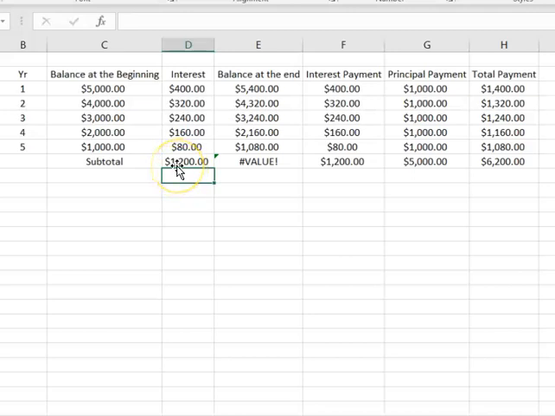So now you are seeing during these 5 years you have paid $1,200. It doesn't make sense for balance at the end, so we don't need the sum. Interest payment and principal payment and the total payment, and that's it.